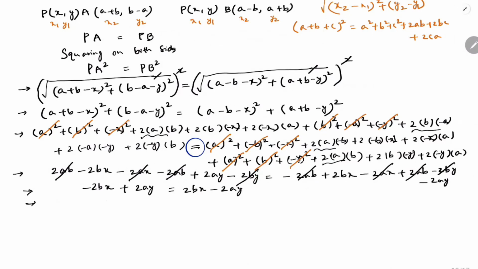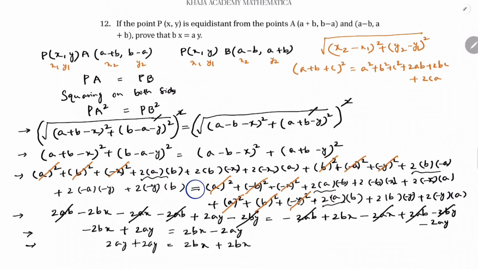So 2ay plus 2ay, next 2bx plus 2bx, 2ay plus 2ay I'll write here 4ay, and 4bx. 4 and 4 cancel, so ay equals bx or bx equals ay, both the same.